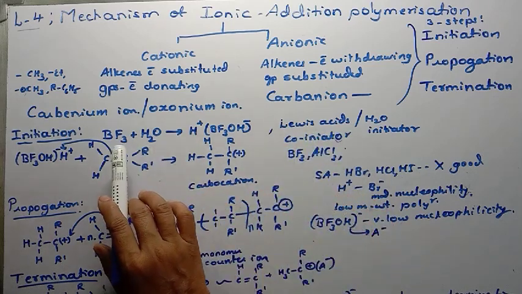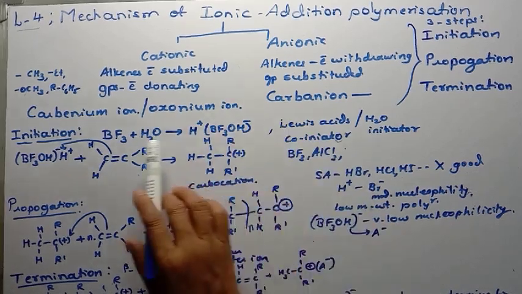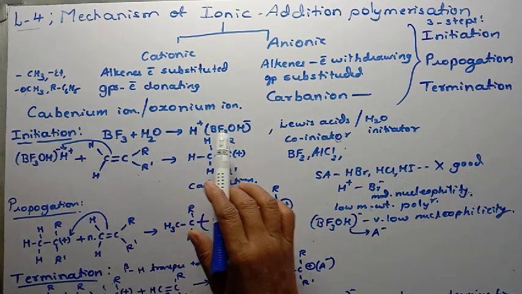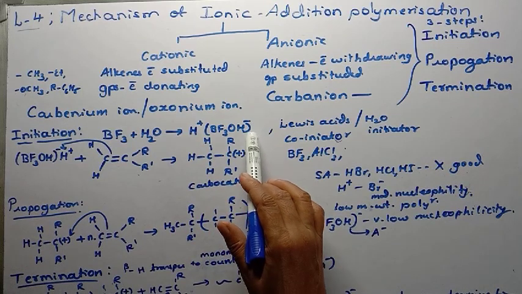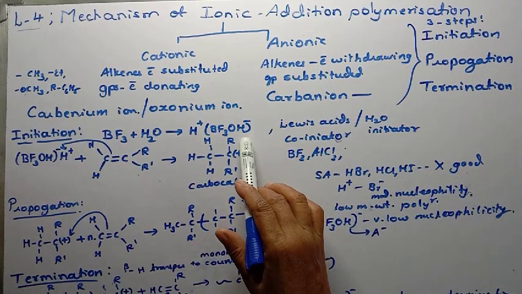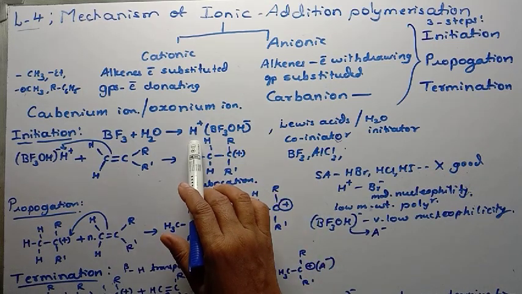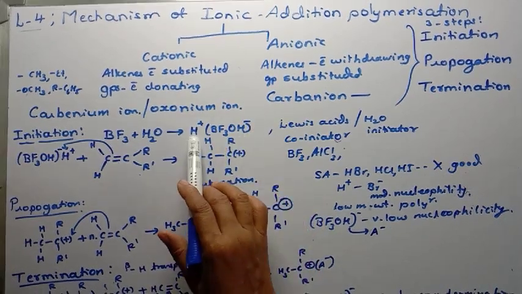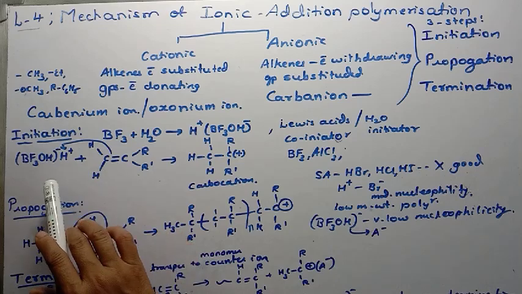In the first step, when the Lewis acid reacts with water, it produces an adduct complex. A proton is released and the complex exists with the negative ion, and this acts as the initiator.